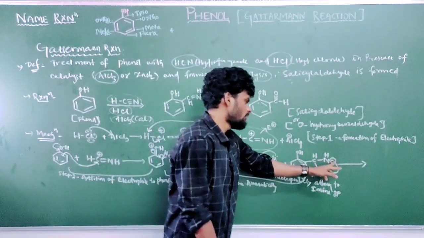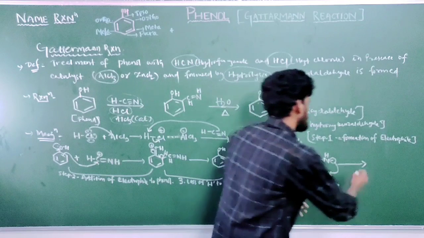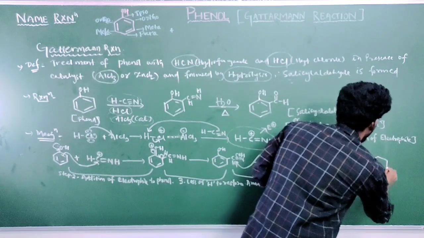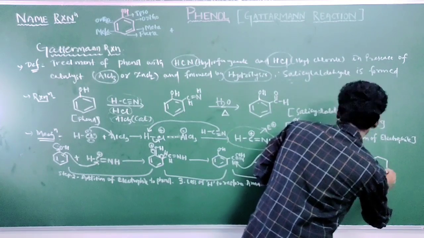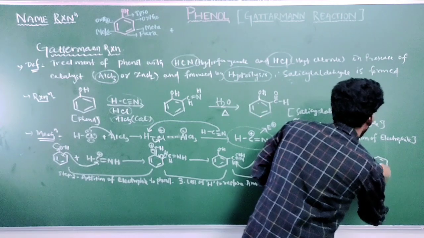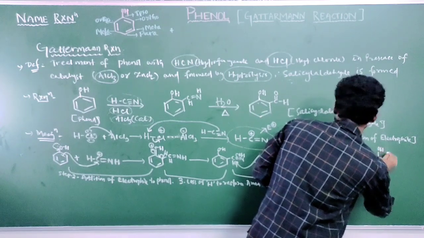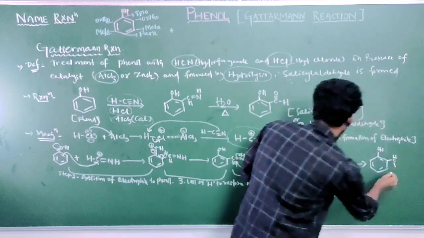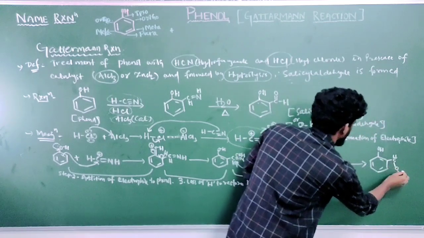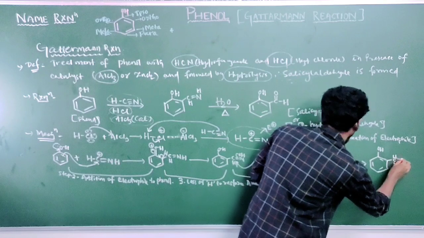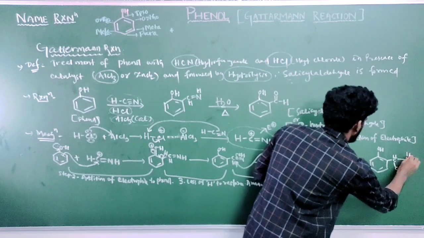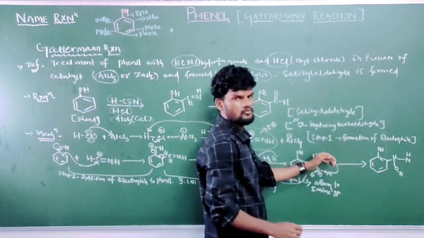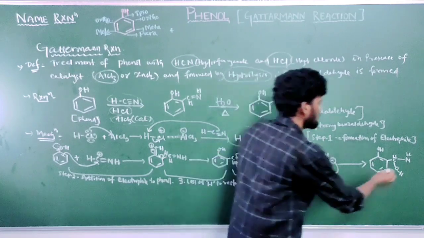So this negative charge takes the hydrogen. What will it form? It will form OH and CHOH. Next, nitrogen takes another hydrogen; before it had one hydrogen, then it takes another, NH2.